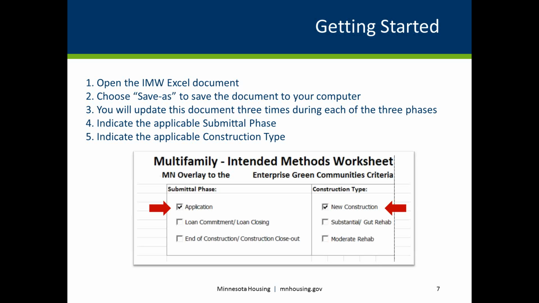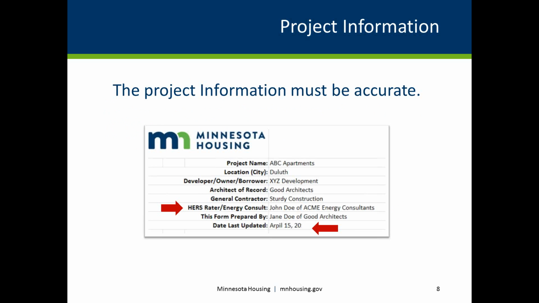There are also 3 construction types: new construction, substantial gut rehab, and moderate rehab. The appropriate construction type must also be checked. The project information section on the top of the first page must be accurate and updated with each submittal phase.